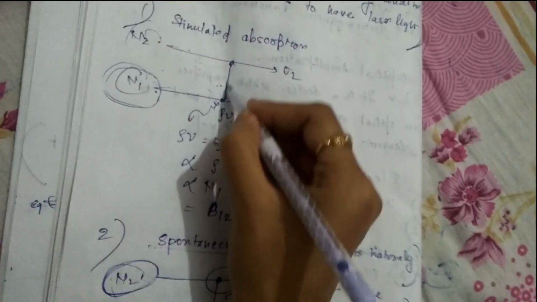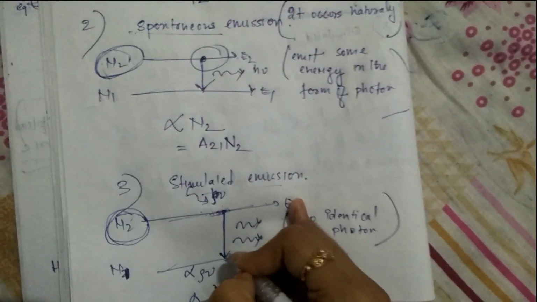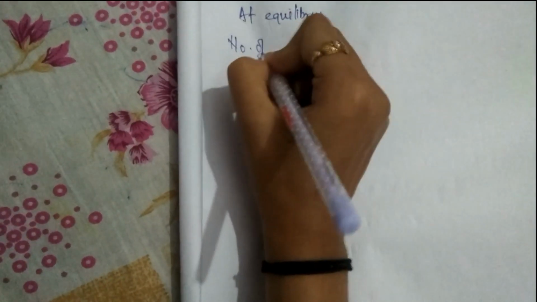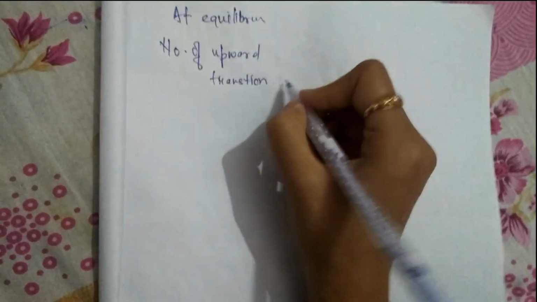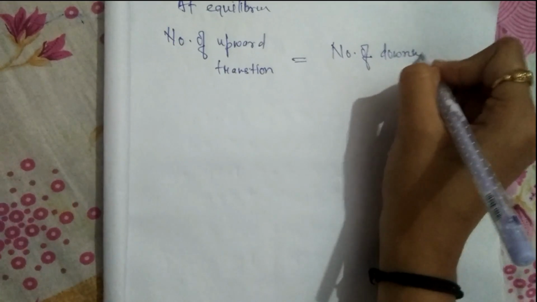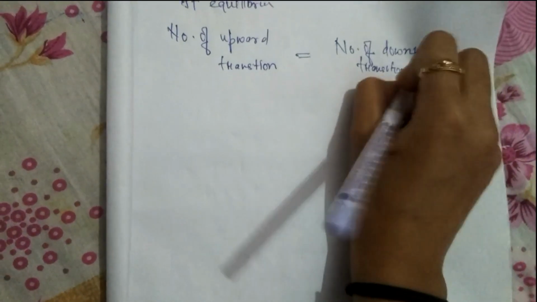Now at equilibrium, we see that this is an upward transition, this is a downward transition, and this is a downward transition. At equilibrium, the number of upward transitions is equal to the number of downward transitions.